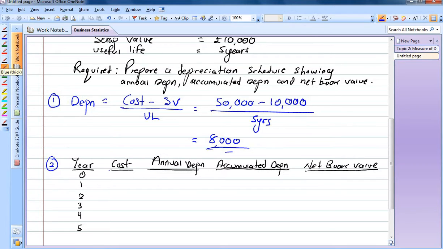Now, the cost will be the same for every year. Why? Because you buy a car today for 50,000.